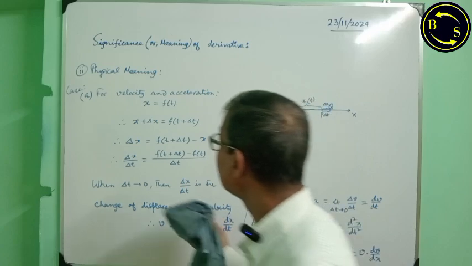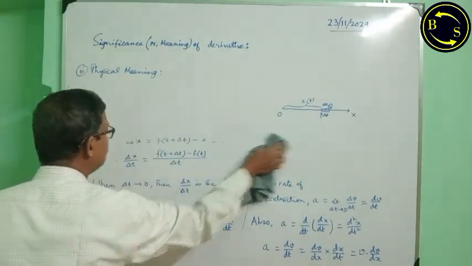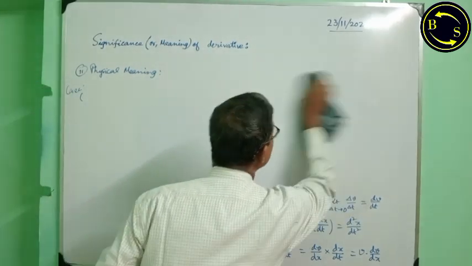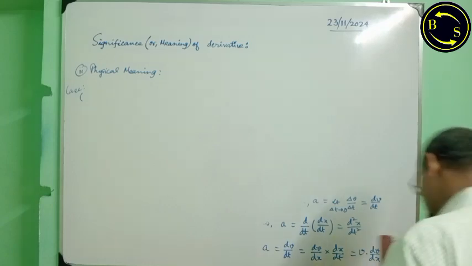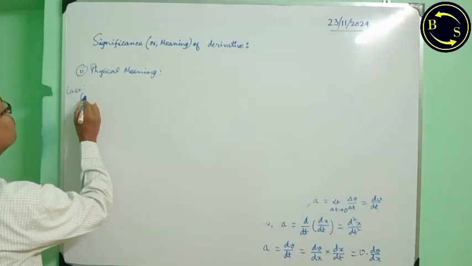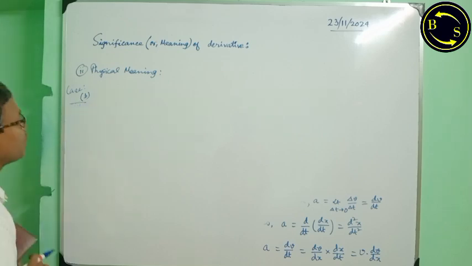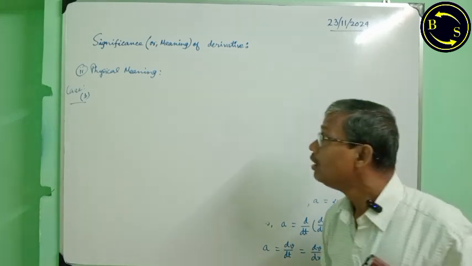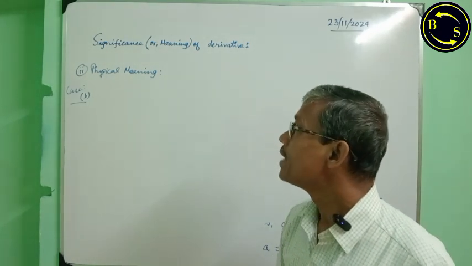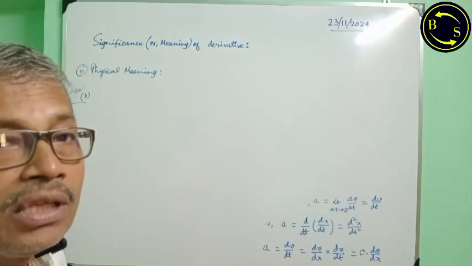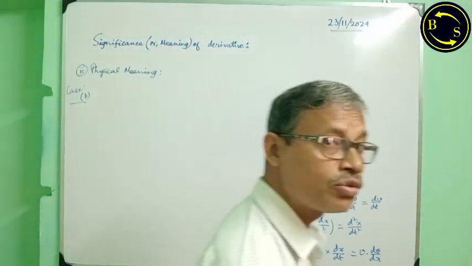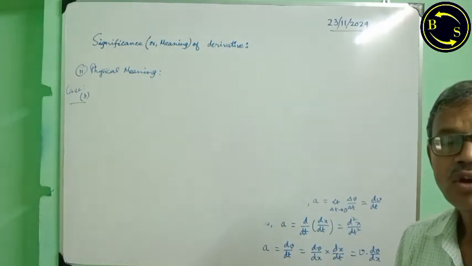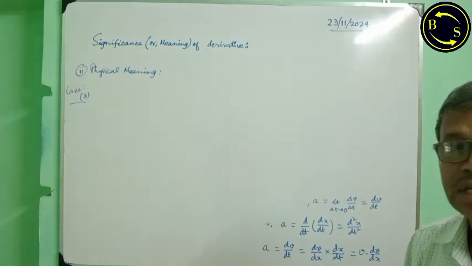Next case is case B, when perimeter, area of triangle as well as quadrilateral, also circle, depends on length, or in case of circle, radius.